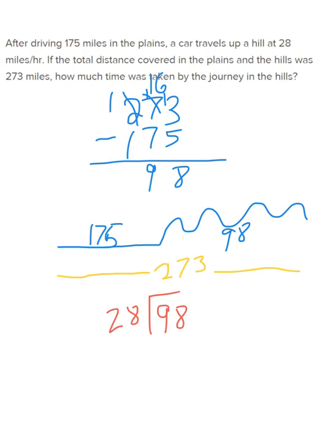All right, so I have to do some dividing. I think 28 goes into 98 3 times. 28 times 3 is 84. 98 minus 84 is 14. Add a 0, bring it down. How many times does 28 go into 140?